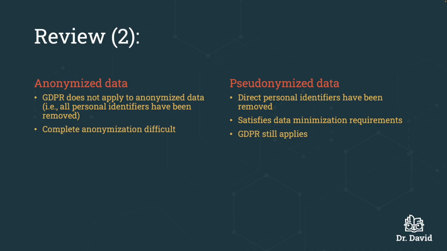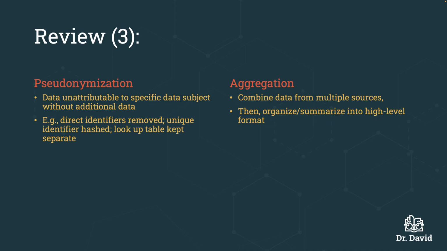The GDPR still applies to pseudonymized data. It does not apply to anonymized data. Pseudonymization, this is when data is unattributable to specific data subjects without additional data. And finally, aggregation, this is the combination of data from multiple sources, and then the organization or summarization of that data into a high-level format.